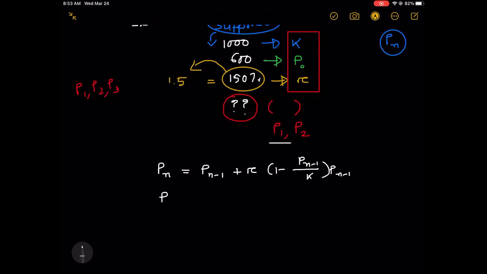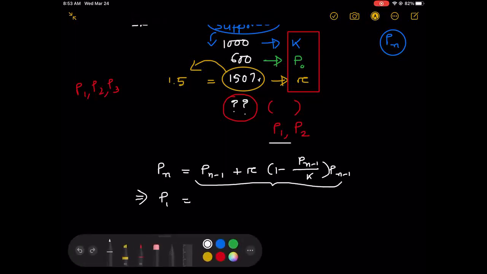So that means on our left, we'll have P1. If n is 1, how can we transform and rewrite the right-hand side? n is 1, right?